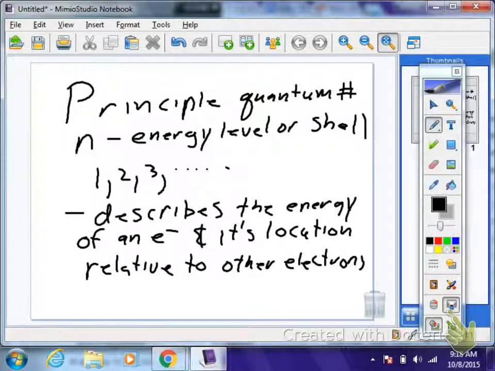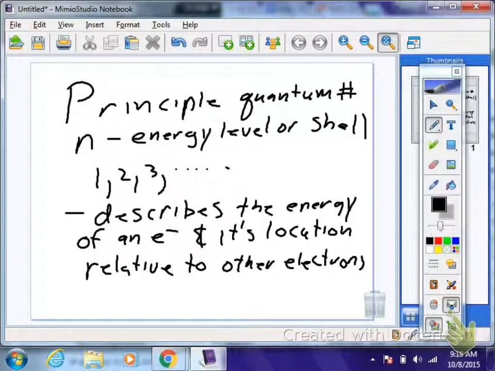So this is all relative. When we do this, we're not going to say it has this exact amount of energy, 3.0 times 10 to the minus 19th joules. But what we will do is give you a model to take a look at and show where the shells are. So this is our first description of the electron.